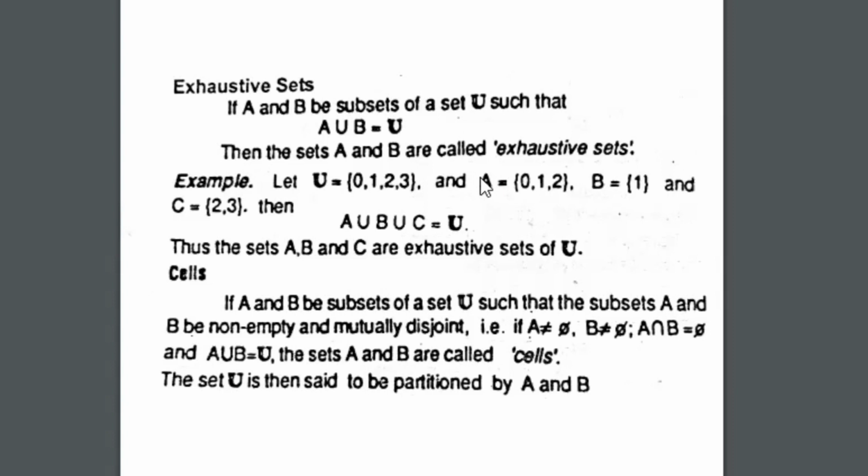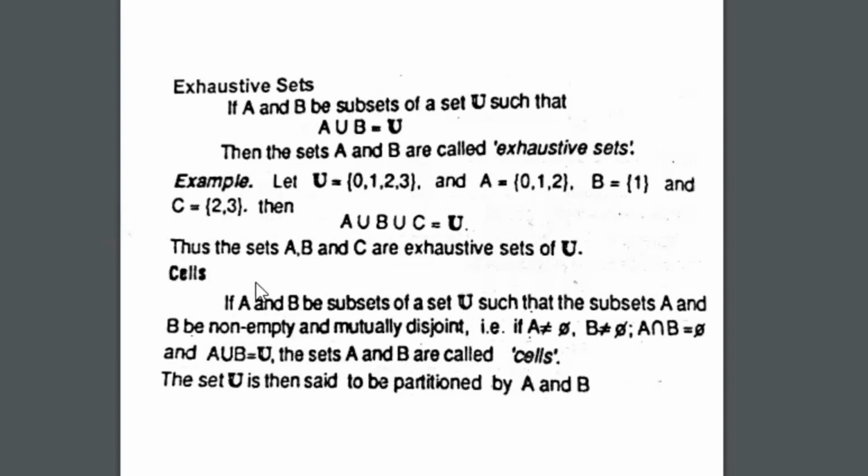So we will call A and B exhaustive sets. In the example we see U, A, B and C. Here you can see you have all the elements that are present in A, B, and C. So U will be the superset and A, B, and C will be the exhaustive sets of U.